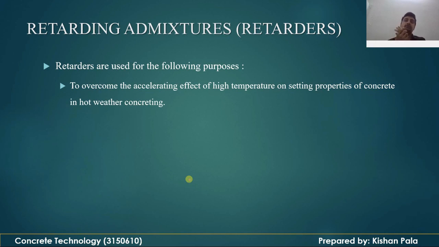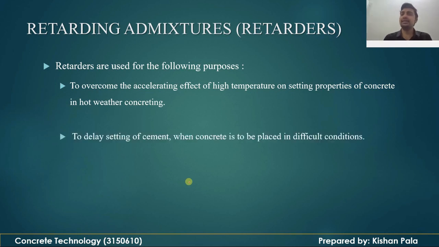For example, you are doing the concreting in hot weather conditions, and there will be a possibility of increased heat of hydration, and this will have an adverse effect on your concrete mass, and you can solve this issue with the use of retarders. You can delay the setting time of the cement for the required transportation of the concrete mass.